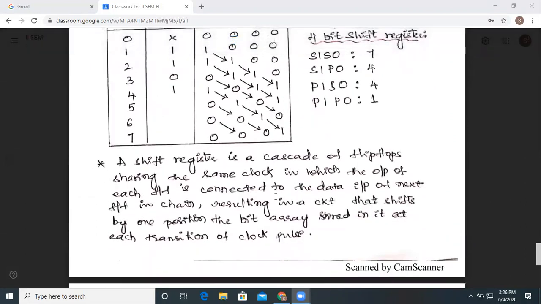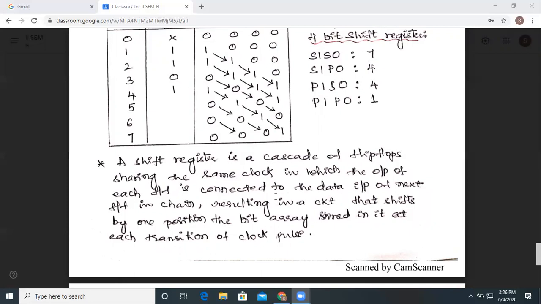In the same clock pulse, the output of each flip-flop is connected to the data input of the next flip-flop in the chain. This results in a circuit that shifts by one position the bit array stored in it.